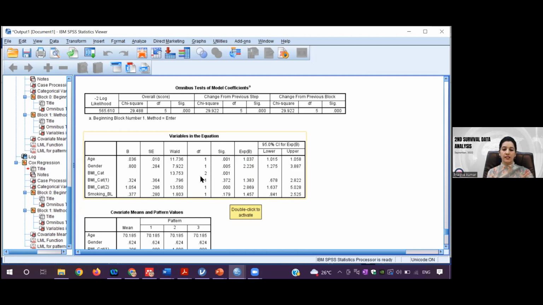And you can see BMI category 1 is also not significant. It is only the overall significance which you are seeing here. That is because of the difference between 2 and 1, that means the comparison between the obese and normal, because our reference is the normal.